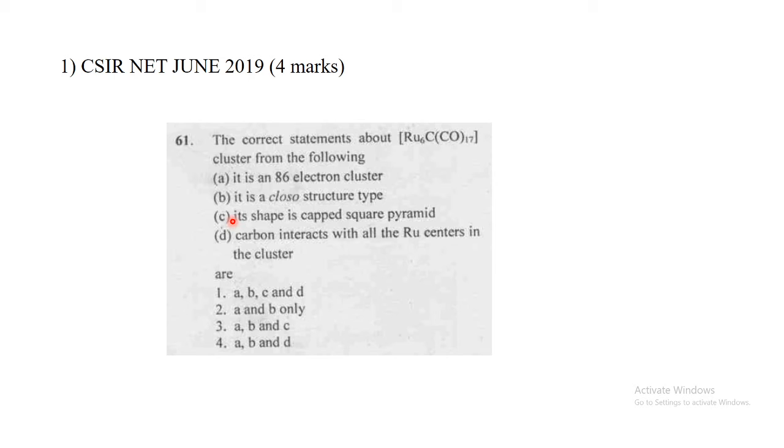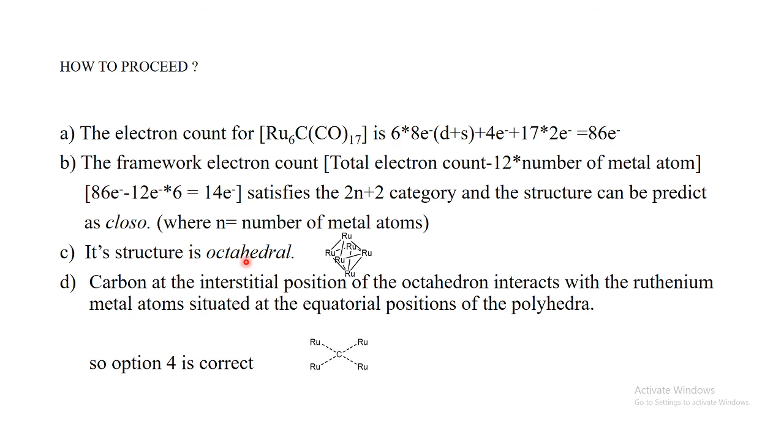Now the third statement is, its shape is capped square pyramid. See, the given cluster adopts an octahedral structure. That is, the ruthenium metal atoms are distributed in the polyhedra of an octahedron.